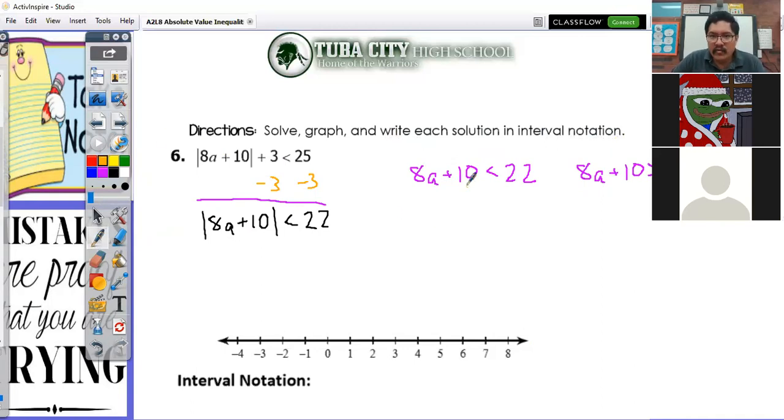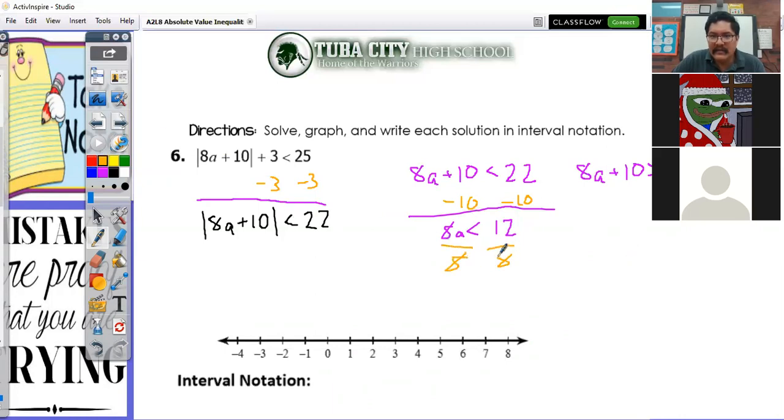Now we have to start solving, subtract 10 from both sides. 8a less than, in this case, it looks like we're going to get 12. And I'm going to have to divide both sides by 8.